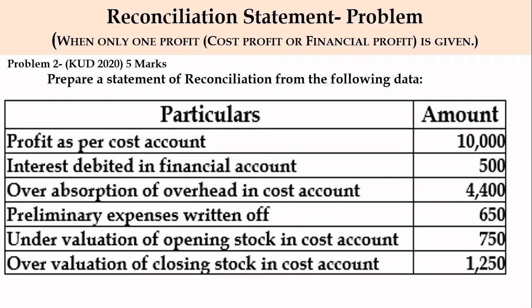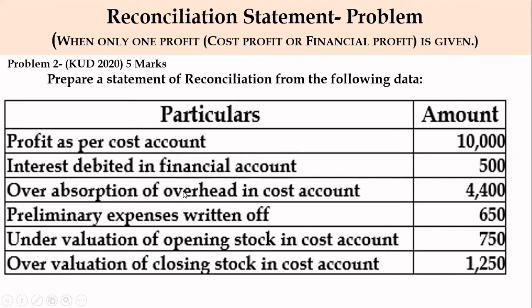Let us see interest debited in financial account. As I said earlier, all expenses, all losses, and all items which are debited in financial accounts will be deducted from this format when we take cost profit as base. So interest debited in financial account will be deducted.